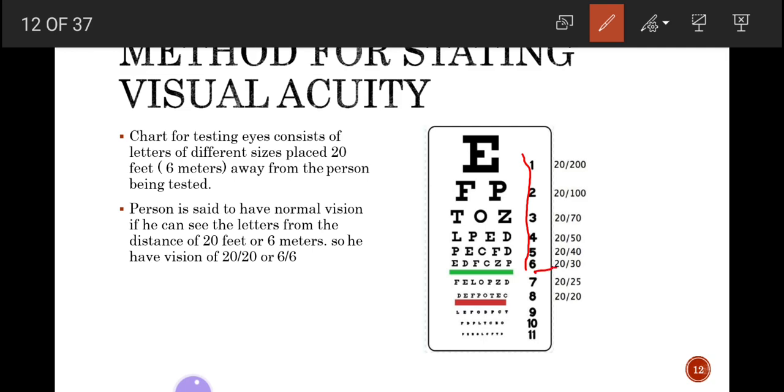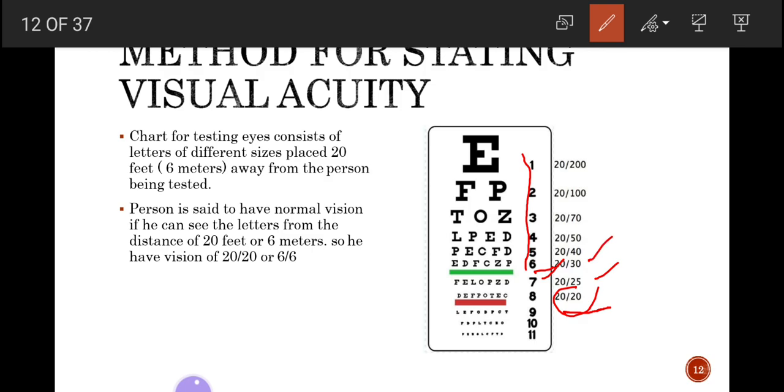A person is said to have normal vision if he can see the letters from a distance of 20 feet or 6 meters, and his vision will be known as 20 by 20 or 6 by 6. Likewise, if he is able to read this line, it means that he can see at a distance of 25 where a normal person can see at 20.